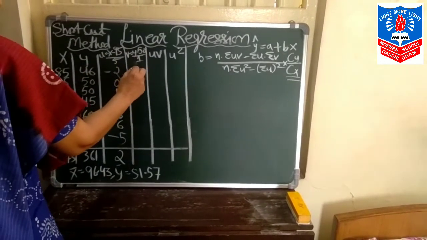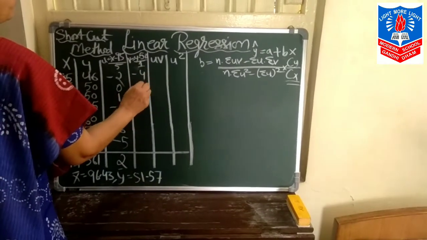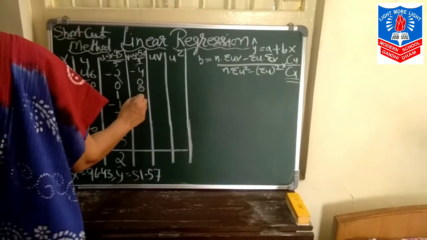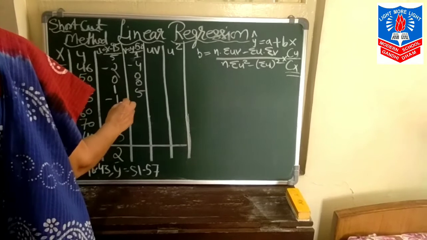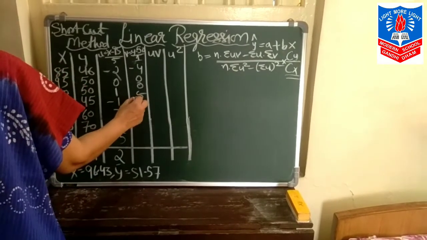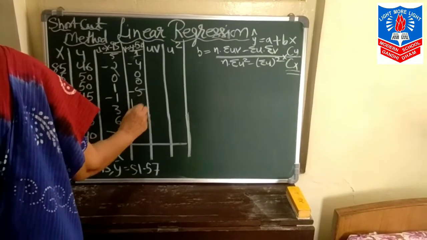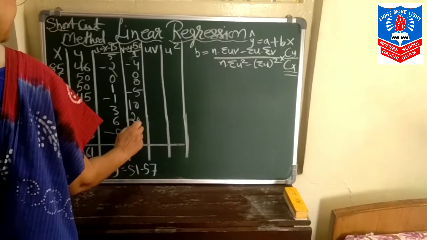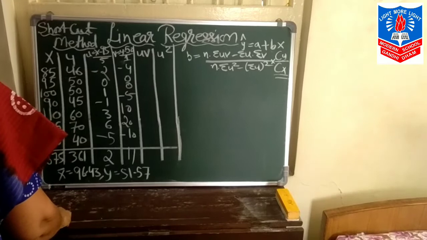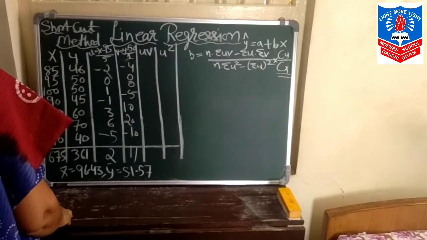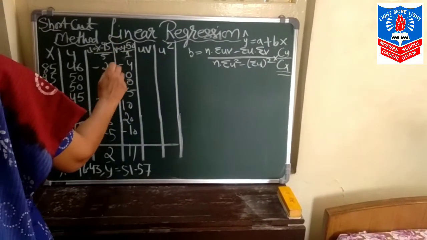Now this 46 minus 50 will be minus 4, 0, 0, then 5, that also will be minus. Then 10, 20 and minus 10. The total of this comes to 11. Find uv.